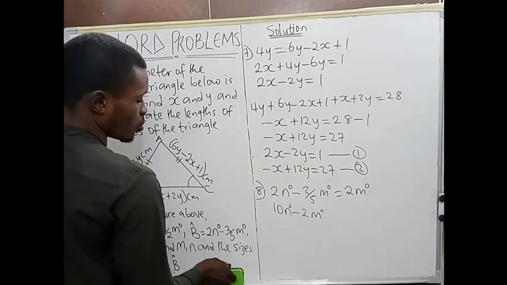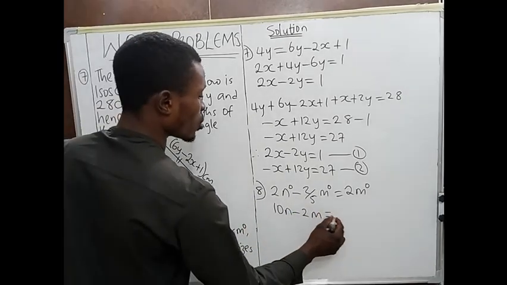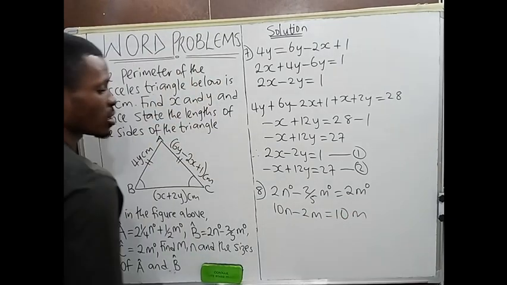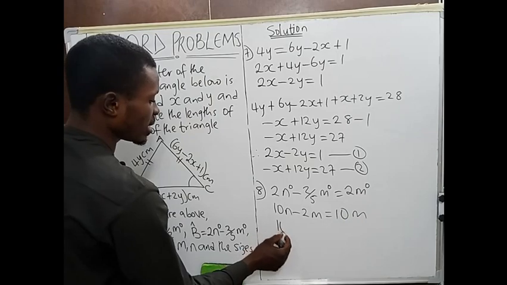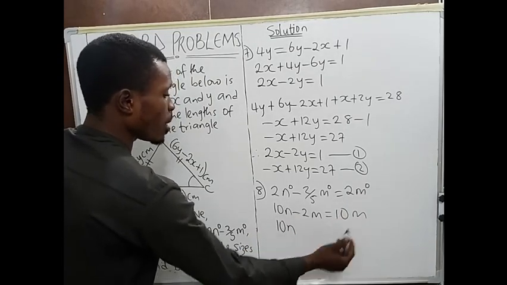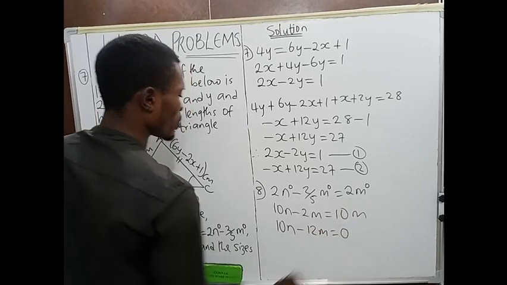Let me just work without the degrees. Equals what? 5 times 2m, 10m. So what do you have now? We have 10n, 10m comes to become minus 2m minus 10m, which is minus 12m equals 0.